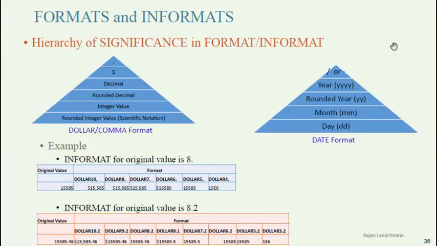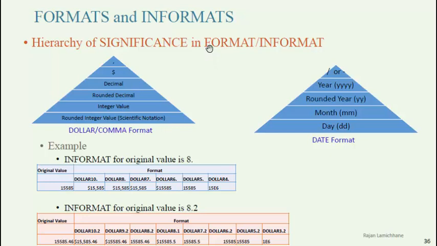Now let me explain a little bit about the hierarchy of the significance of these special characters or values in formats and informats. This hierarchy goes from top to down, meaning if there is not enough width, the top one will be removed first, then the next one, and so on.